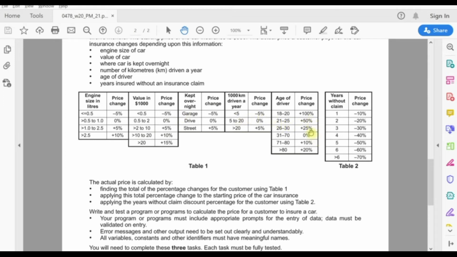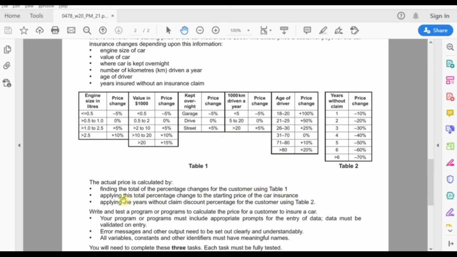So table 1 contains all the price changes and percentages. We have to accumulate all the percentage changes here depending on the user input. So the first thing, find the total of the percentage changes for the customer using table 1.